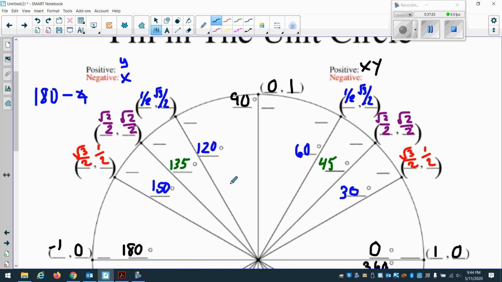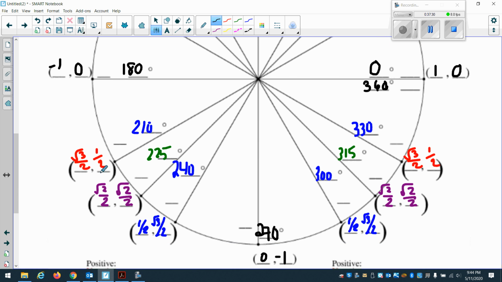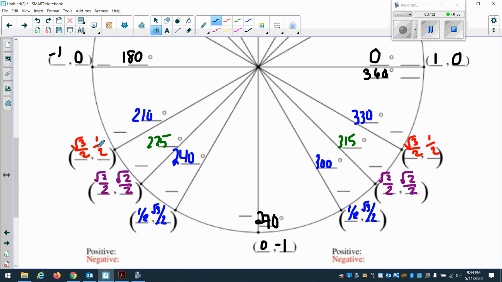In quadrant 2, my x's are negative, so I'm tacking on a negative there. In quadrant 3, x and y are both negative, okay? And to find your reference angle is your angle minus 180, okay?